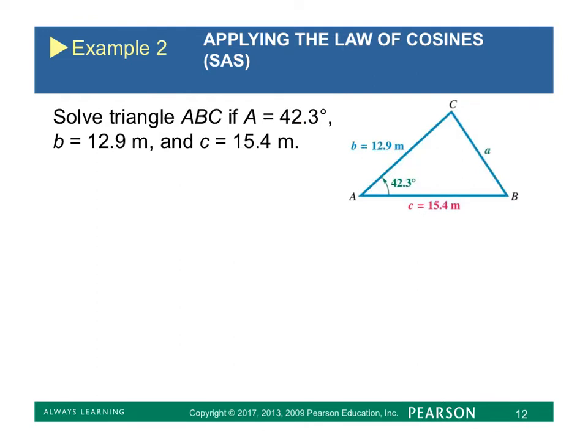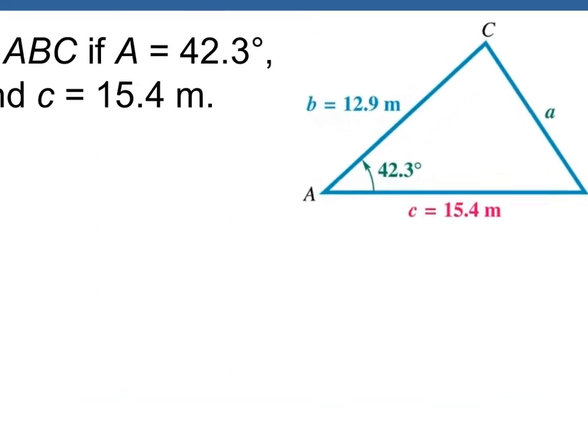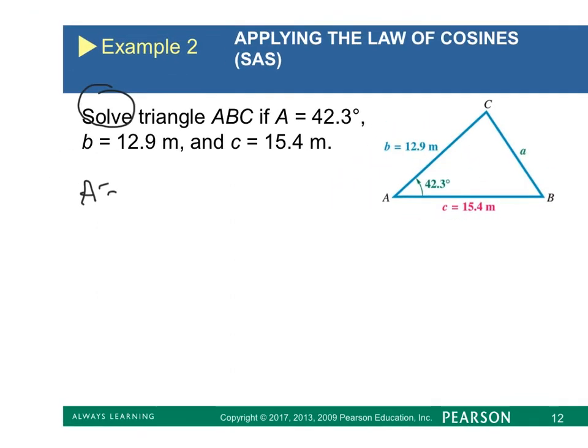All right. There's our magic word, solve. Solve the triangle. That means I already know what A is because it's written there, 42.3 degrees.